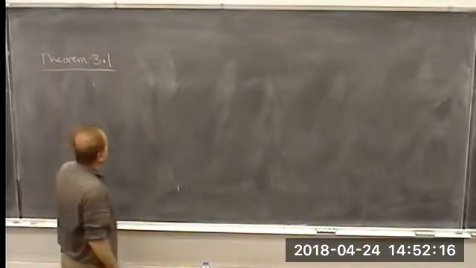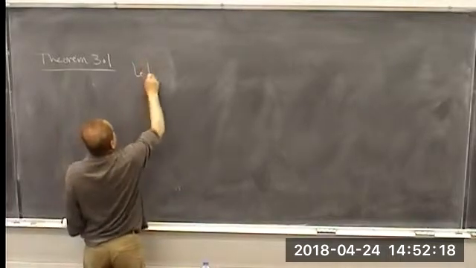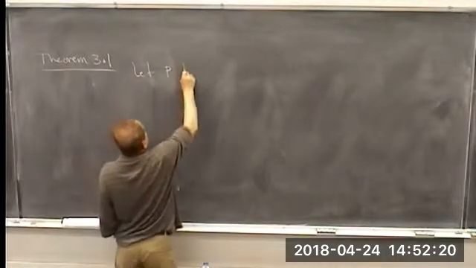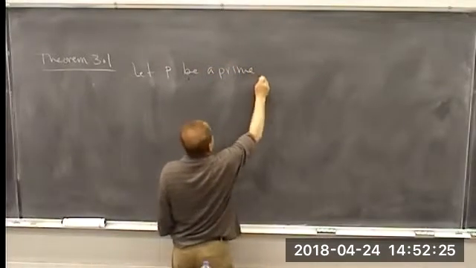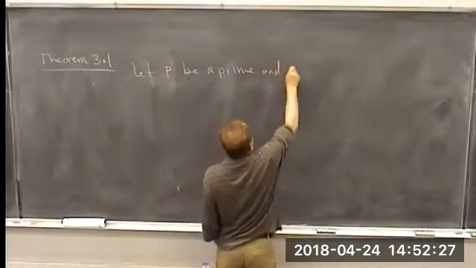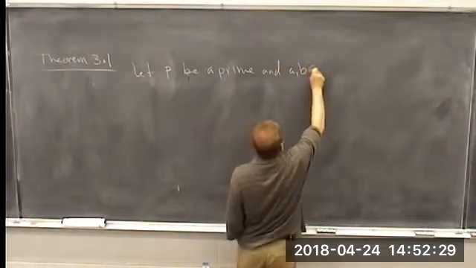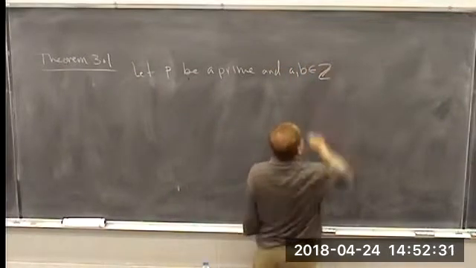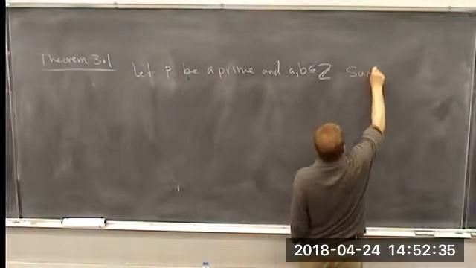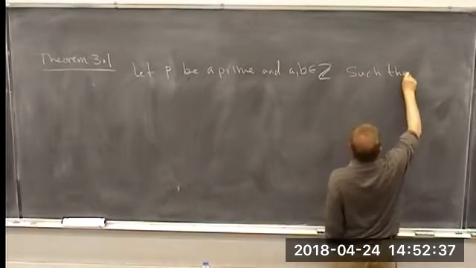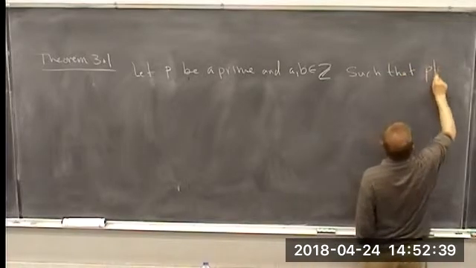It says: let P be a prime, and A, B integers such that P divides AB.